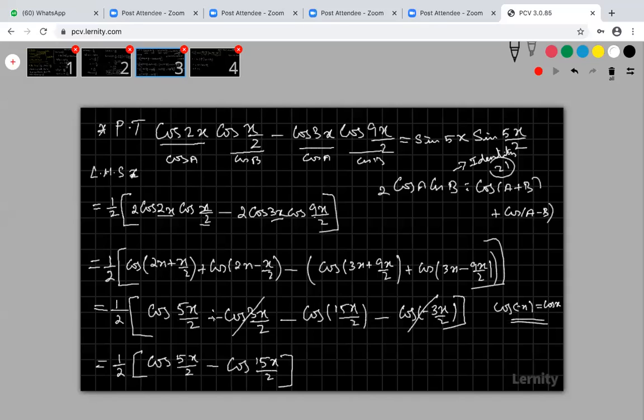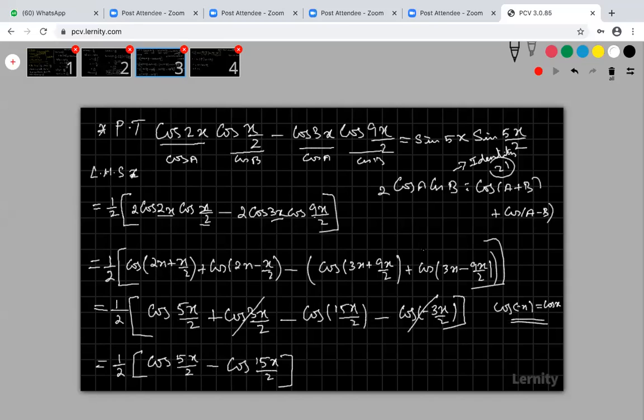Again we have a property for cos x minus cos y. Look at that: here cos x into cos y is the multiplication property, but here it is addition or subtraction. We have a formula for cos x plus cos y also. So this is the addition property, and here the multiplication property.